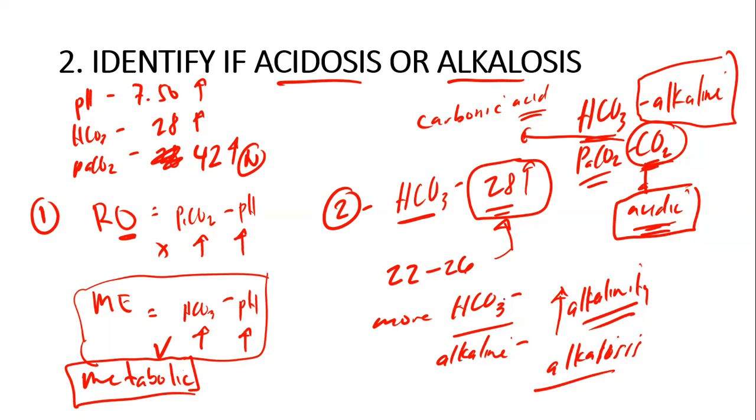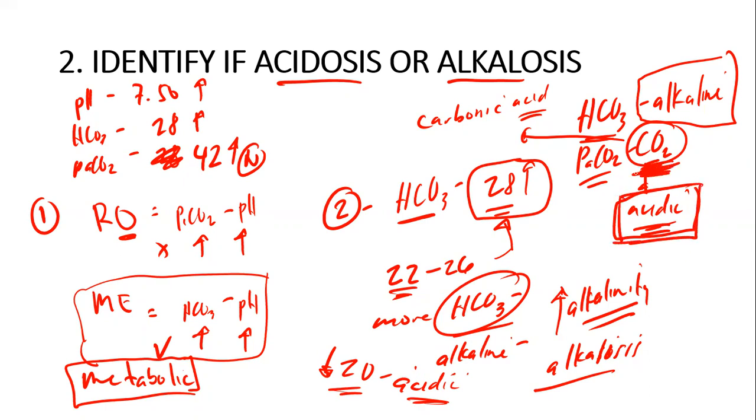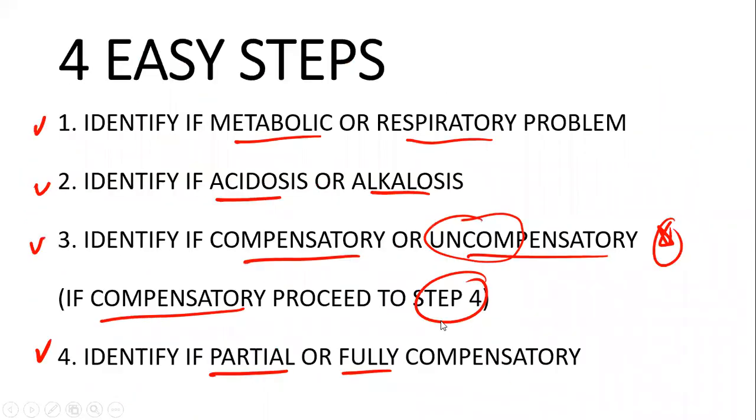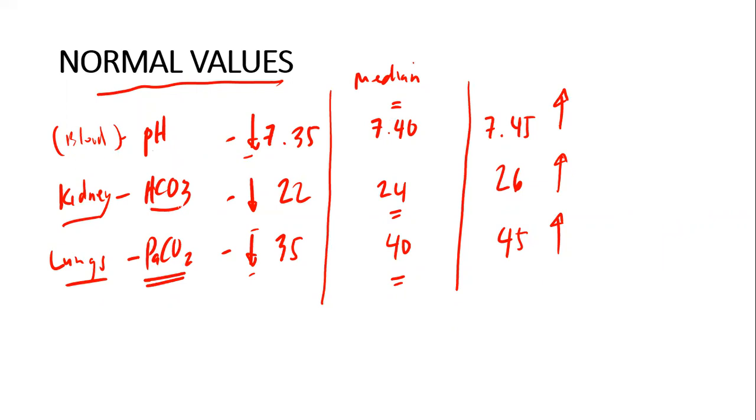Okay? Because if the result is less than the normal value, for example the result is 20, therefore I have less bicarb, therefore the result tends to be acidic. Okay, so I hope you understand that. Now, same goes with your carbon dioxide or your PaCO2 level. The more carbon dioxide, the more acidic. The less carbon dioxide, the less acidic. So you just have to base your reading on the bicarb.